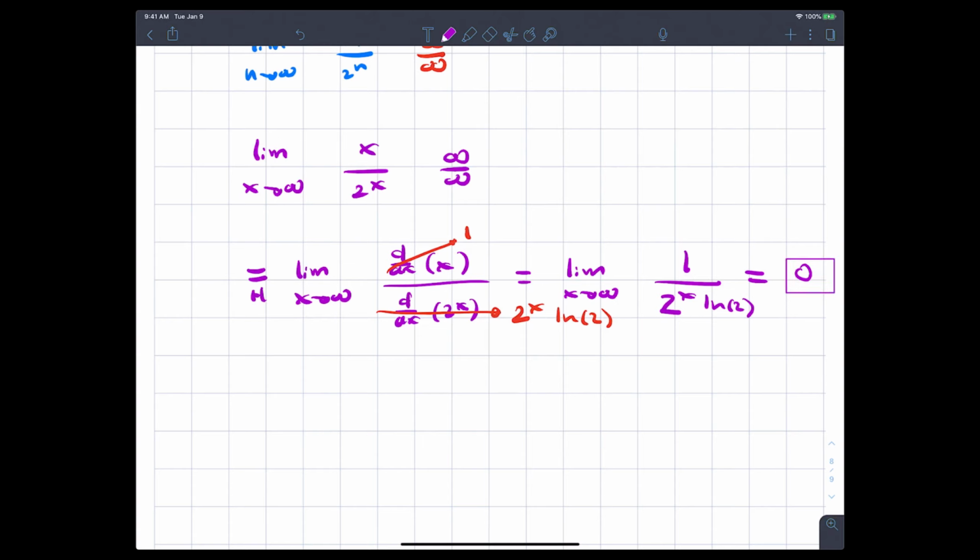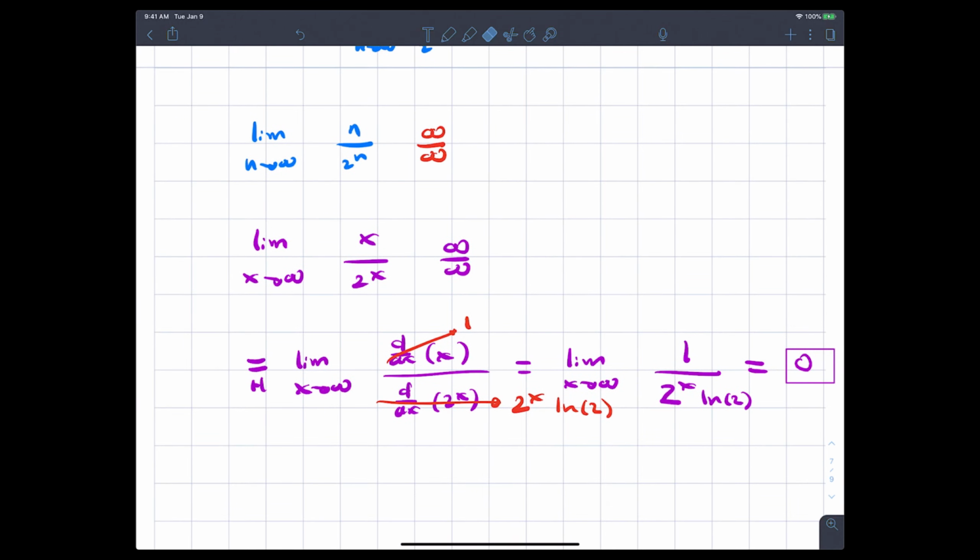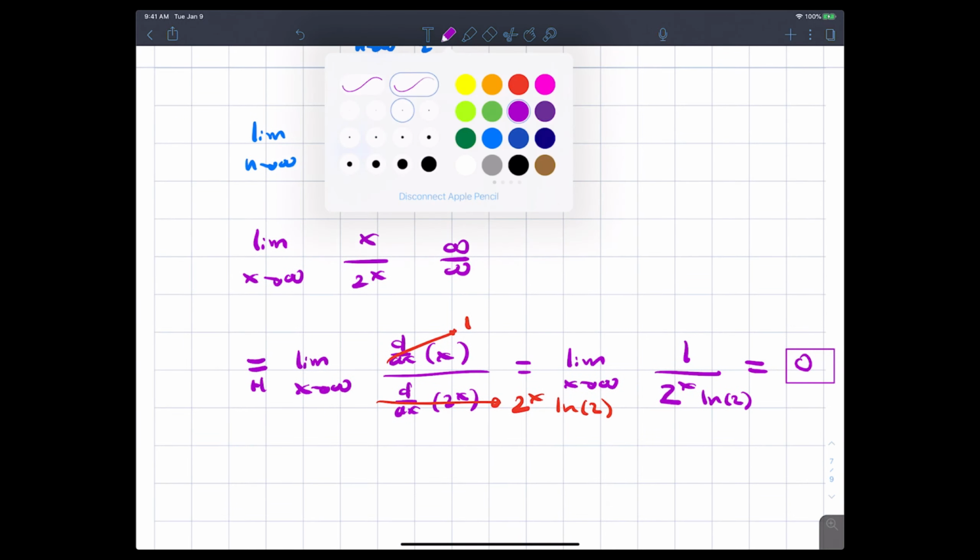So as you guys can see, a lot of those questions that I went over on those particular videos, this is a constant natural log 2, that I went over for you guys are important because they just pop up. So if this limit is 0, that means that this limit is also 0.